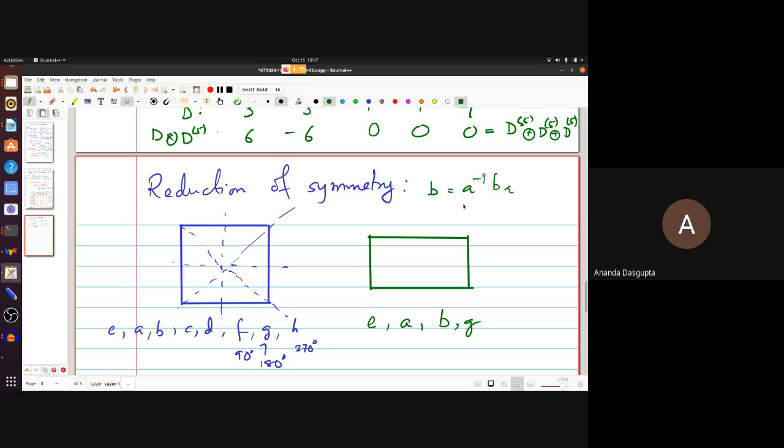Are you sure? What is A inverse BA? By your logic, it's A inverse AB, right? Okay, that's fine. So you get B equals B. So what does that show you? Does it show you that A and B are conjugate, or does it show you that B is conjugate to B?